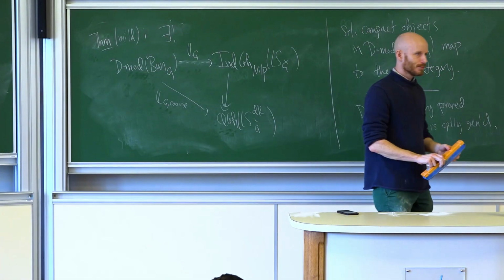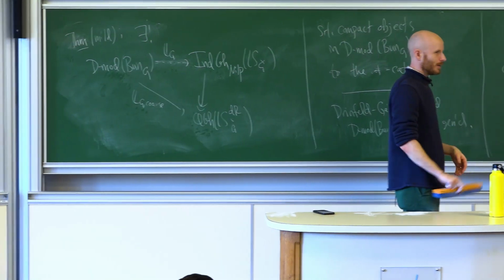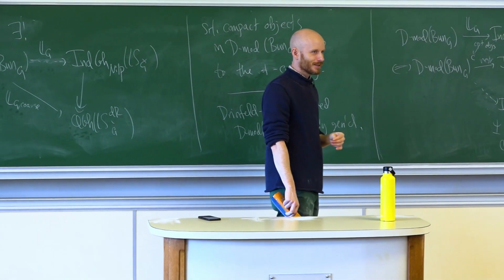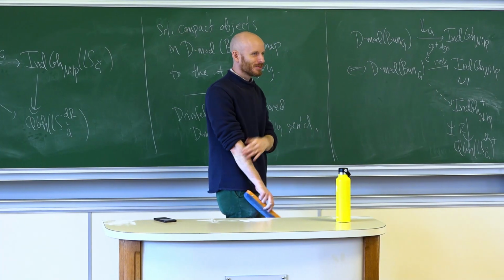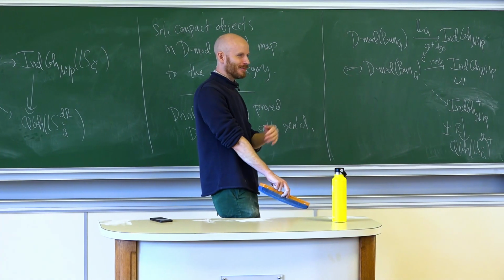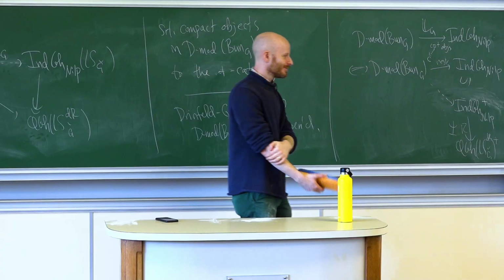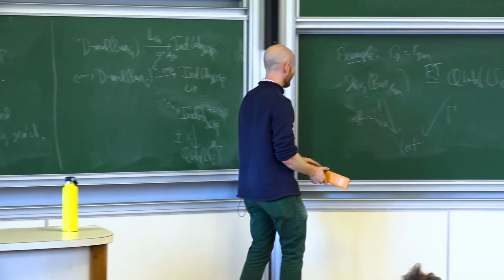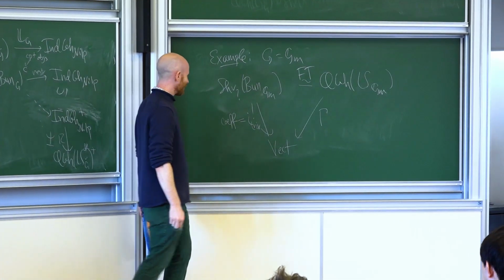Sam, I'm sorry, could you remind me what the plus means? Eventually co-connective objects. Eventually co-connective, thank you. So cohomologically bounded from below, finitely many homology.